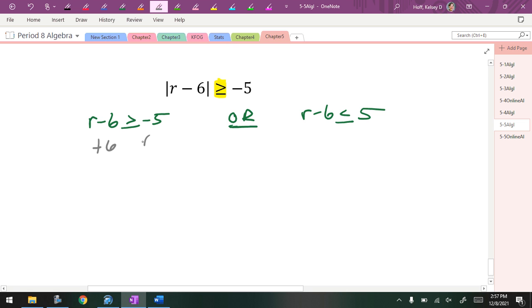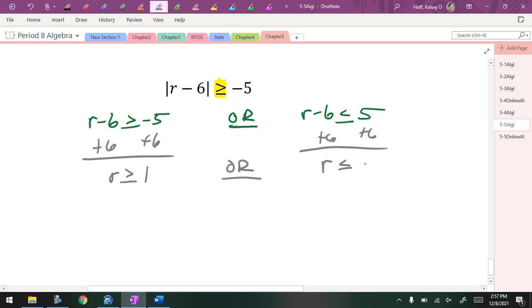If I add 6, r is greater than or equal to 1. Okay? If I add 6, r is less than or equal to 11.